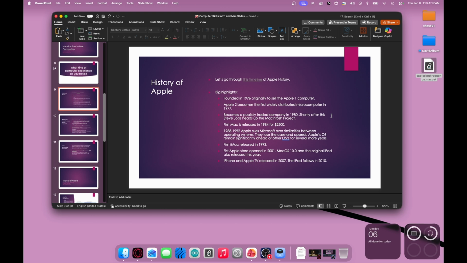Right around the turn to the 1990s, Apple ended up suing Microsoft because of a lot of similarities between their operating systems. They ended up losing the case, but one of the things that made Macs really stand out at the time was their mostly graphic interface.